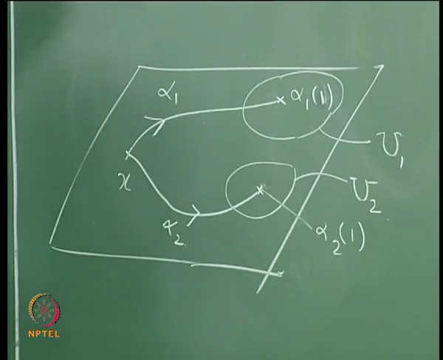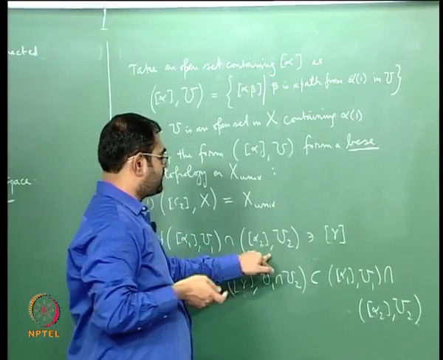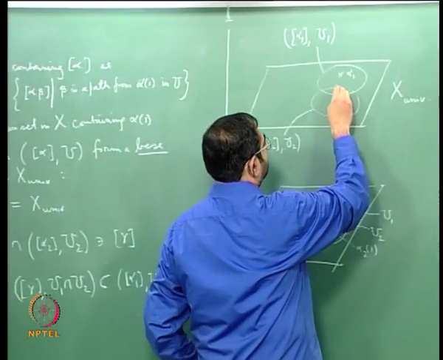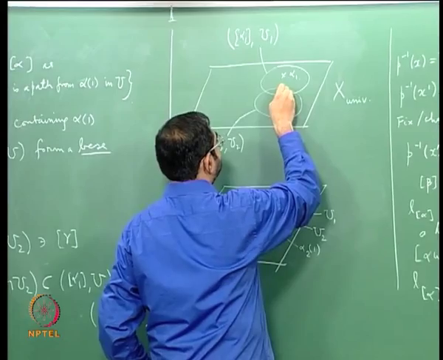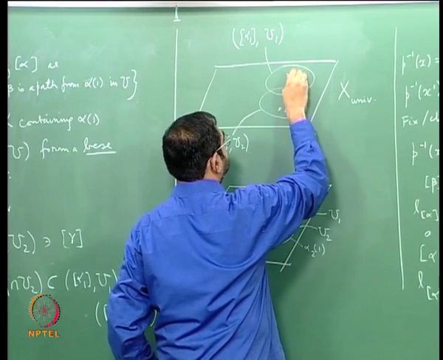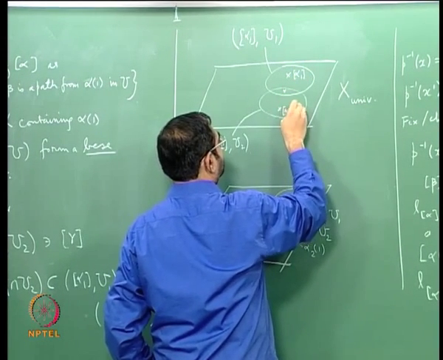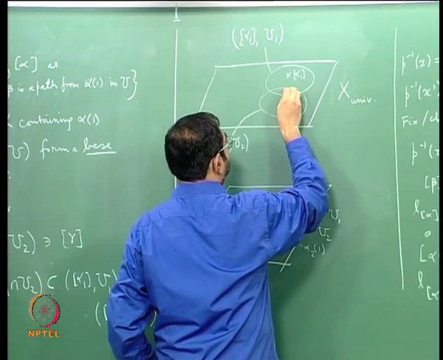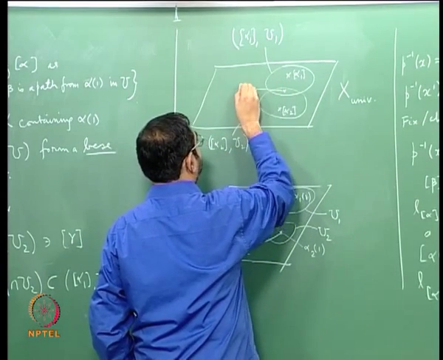And saying that there is a point in the intersection would mean that there is some gamma here, so I should put a square bracket to signify homotopy equivalence class. So this is my gamma here.